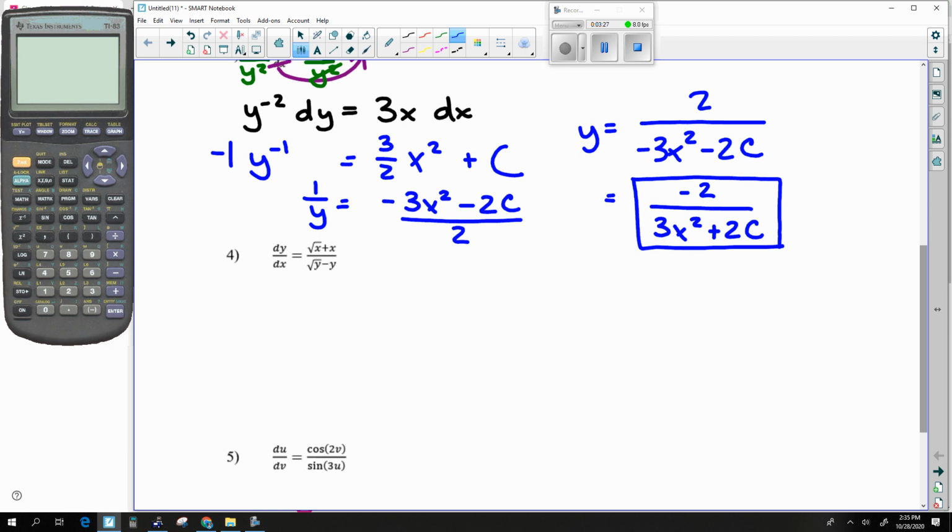All right, so again, here I have both x's and y's. So I group this up and I multiply over. And I take this dx and I multiply to that side. So this leaves me with a square root of y, so that's just straight up to the 1/2.